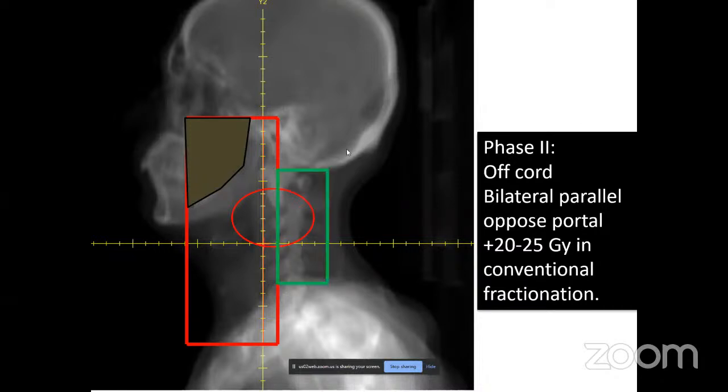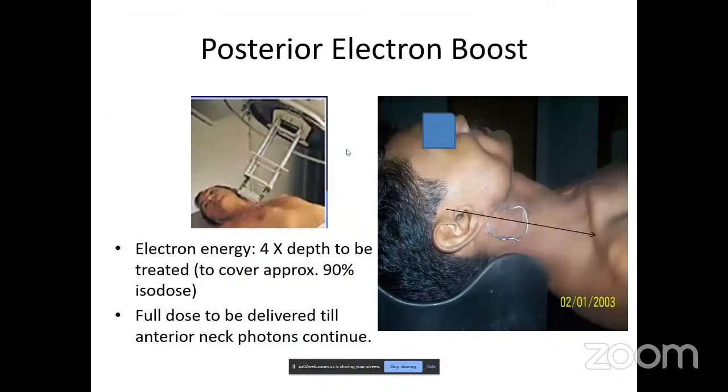For that, it is important to add a posterior electron boost to give adequate dose to that nodal site. Usually the posterior electron boost is given in a lateral position, because you cannot keep your gantry at 90 degree or 270 degree with the electron cones. That's why we have to rotate the patient and treat the posterior electron boost like this.